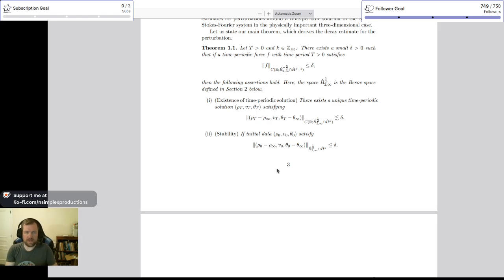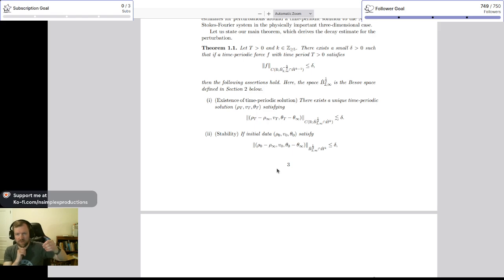So we strategically pick a particular value, which is going to be ever and ever closer to what we think is the eventual stable point, rho_infinity, 0, theta_infinity.